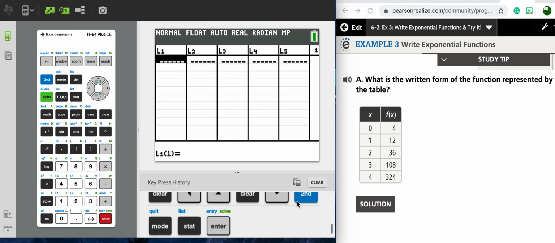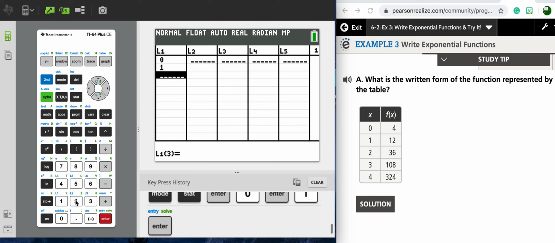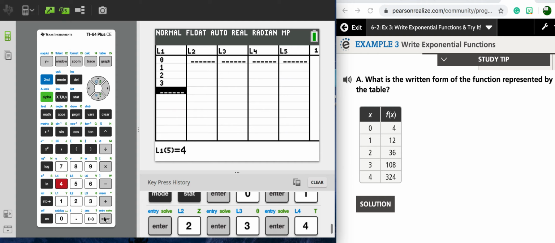In L1 we are going to put the values of x, and in L2 the function values, so the y values. We manually press the numbers 0, enter, 1, enter, 2, enter, 3, enter, 4, enter.